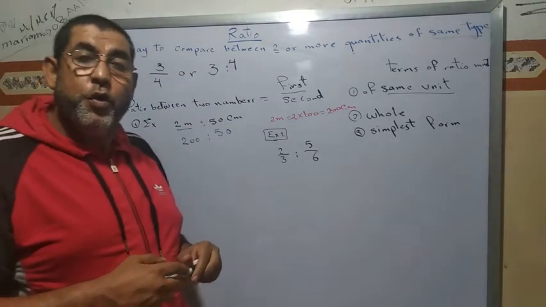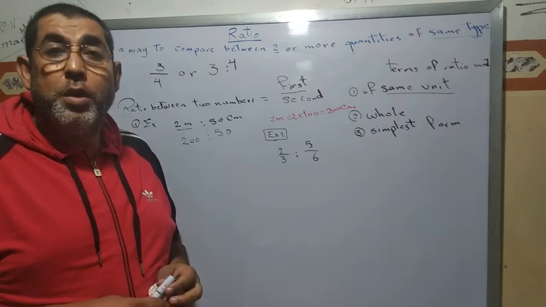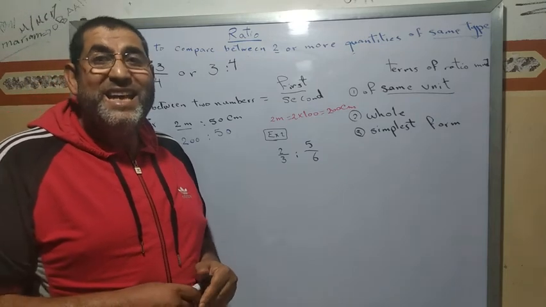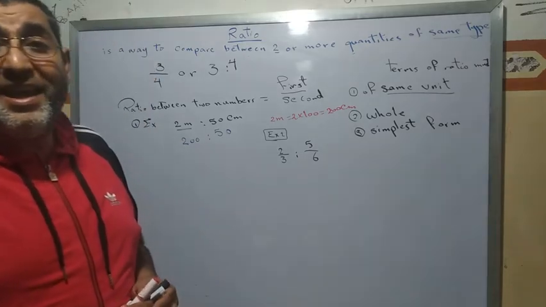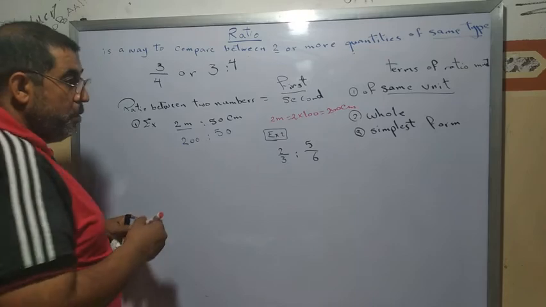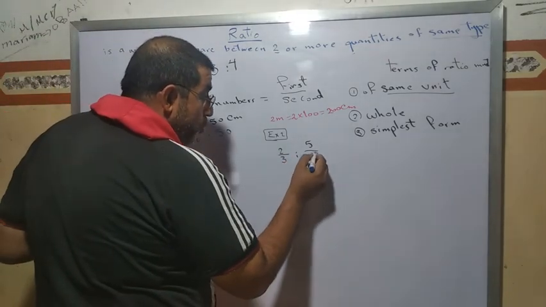What is the meaning of whole? Whole means a fraction whose denominator is 1. So we must make the denominator 1. The denominator will become 1.